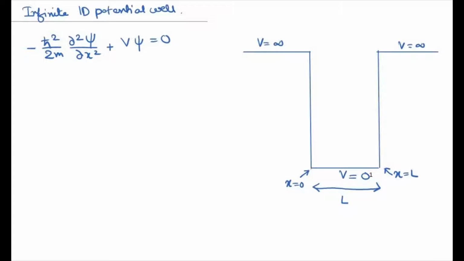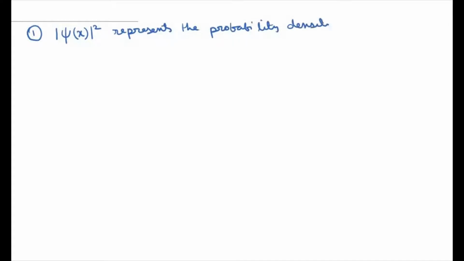But before that, let us point out some important information. The first is that, as we already know, mod of psi x square represents the probability density of finding the electron at position x.